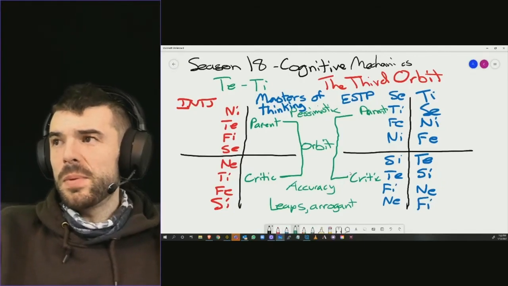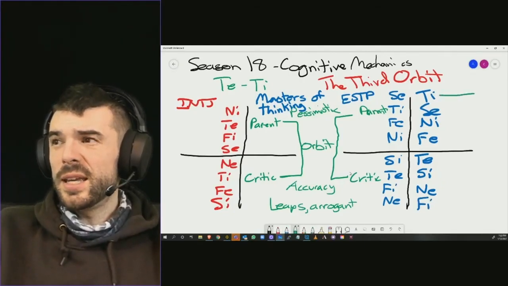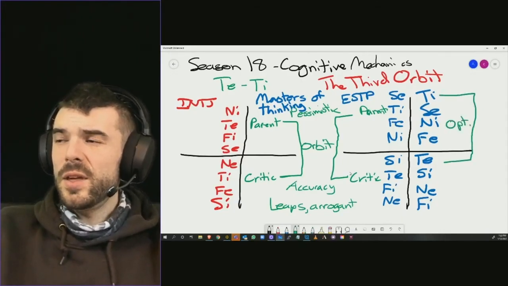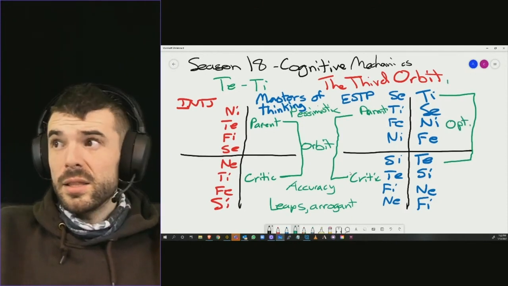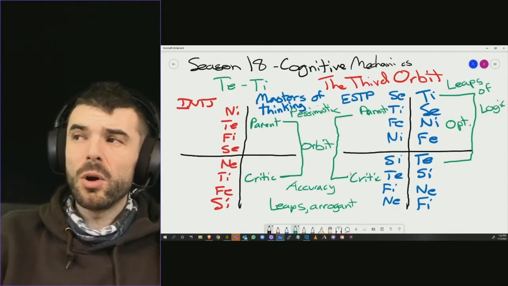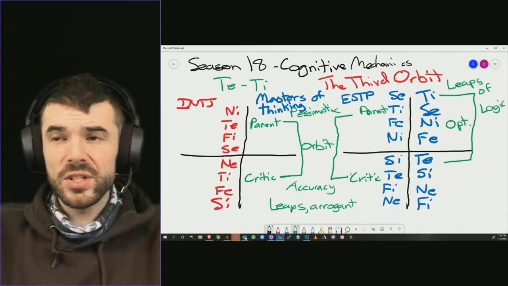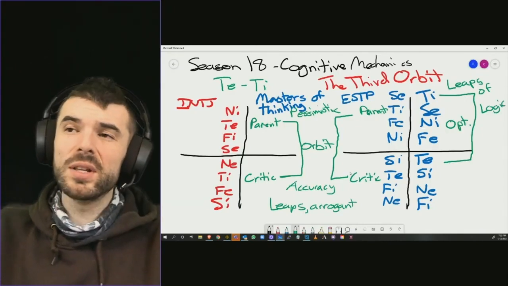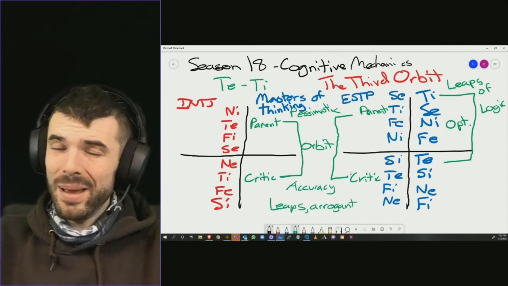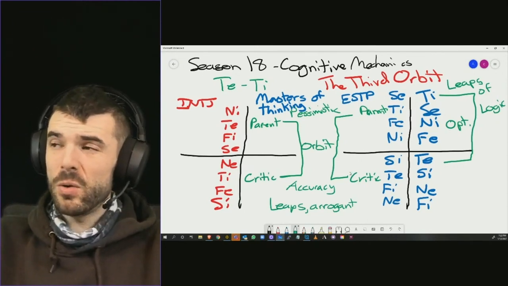What's the problem with TI Hero and TE Nemesis? Well, they're both optimistic, and the ISTP can make leaps of logic because it's more prone to ignorance. TI Hero is more prone to ignorance. It has a higher risk of ignorance than this TI Parent over here.